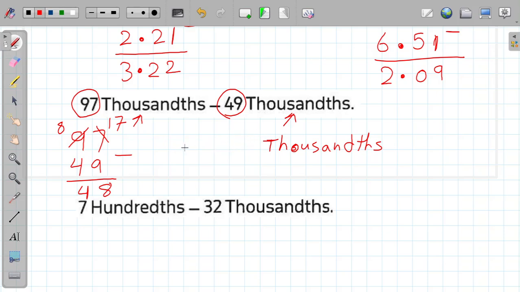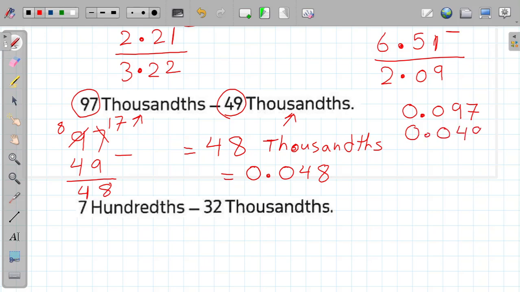So the result will be 48 thousandths, or 0.048. Or maybe I can change the form of this number to the standard form, like 97 thousandths, it's 0.097. And the second number I have, 49 thousandths, it will be 0.049.